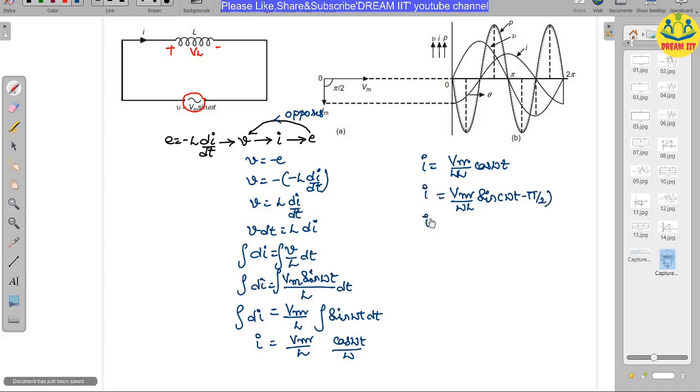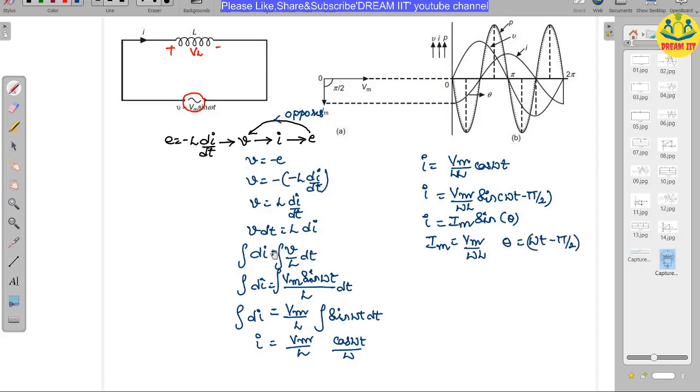If we compare that equation with Im sin of theta, what is the Im value here? Im is Vm by omega L, and what is theta here? That is omega t minus pi by 2.